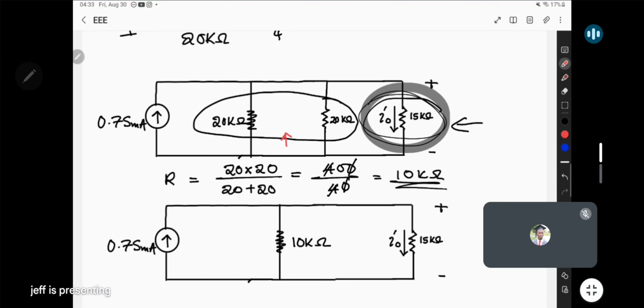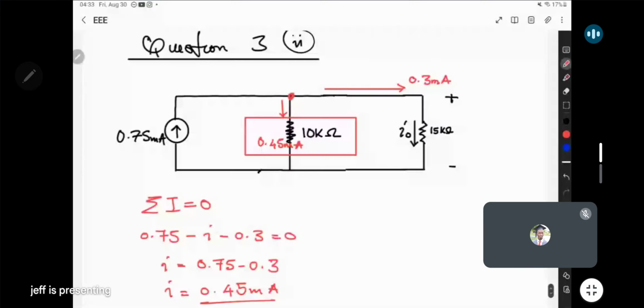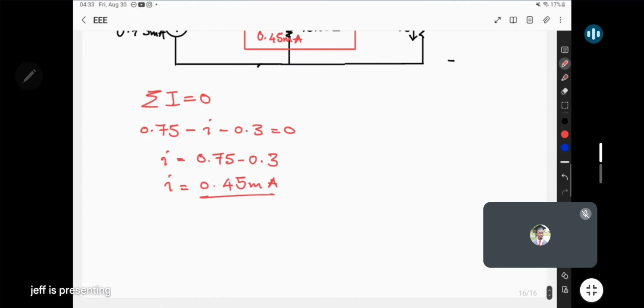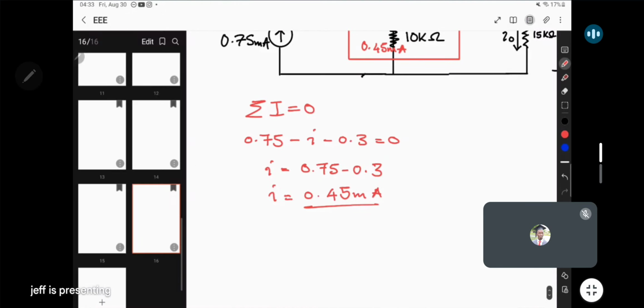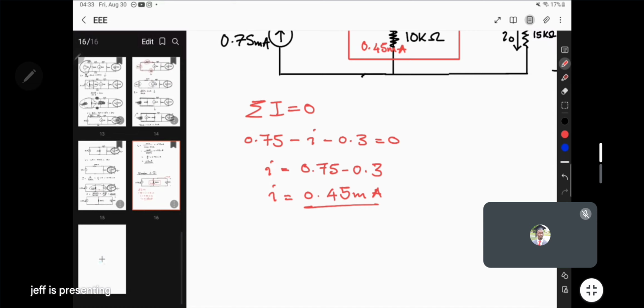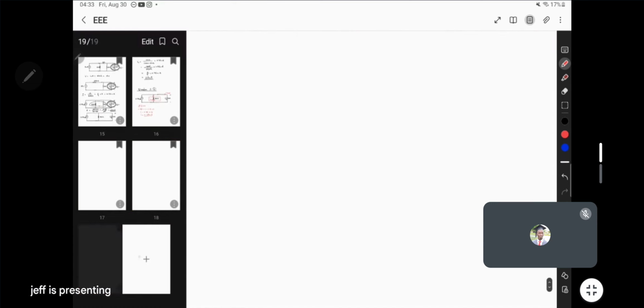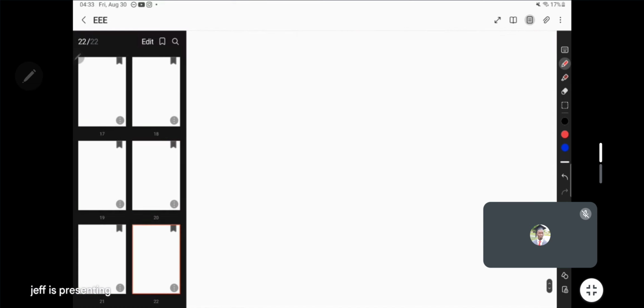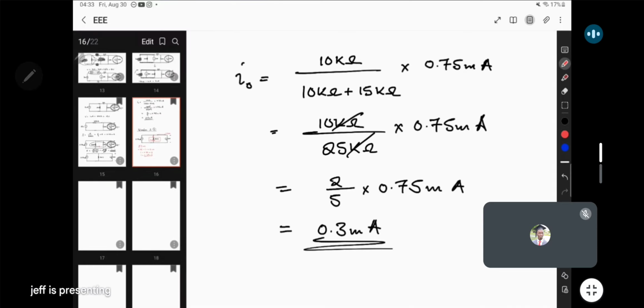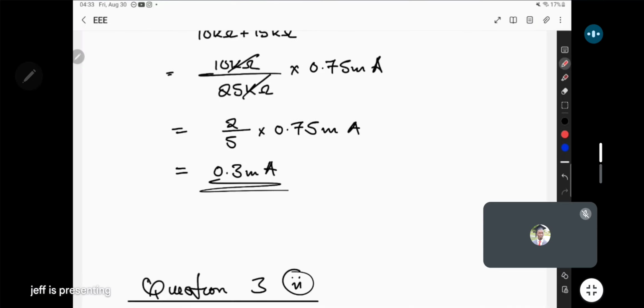So what we have done is, towards these two, we have seen that it's 0.45 that was going towards them. So look at them, they are in parallel. So if we were to reverse and see what was going to each one of them, if we were to see the current that was going to each one of them, how would we do it?